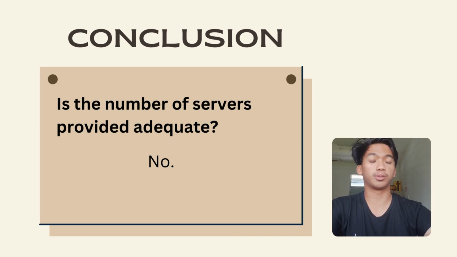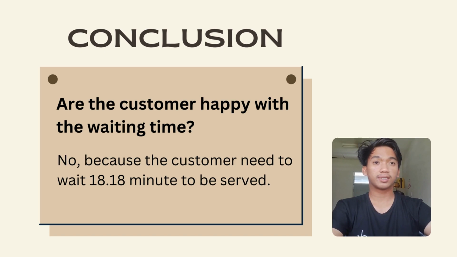Now, for the conclusion, we need to answer two questions. First, is the number of servers provided adequate? We can answer, no. Second question is, are the customers happy with the waiting time? The answer is no, because the customer needs to wait 18.18 minutes to be served.